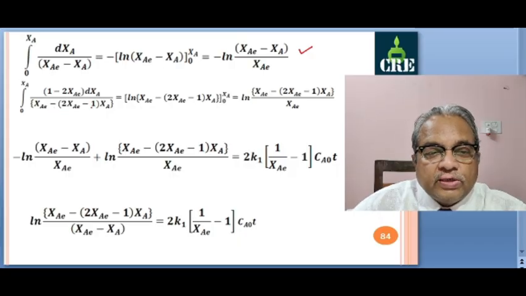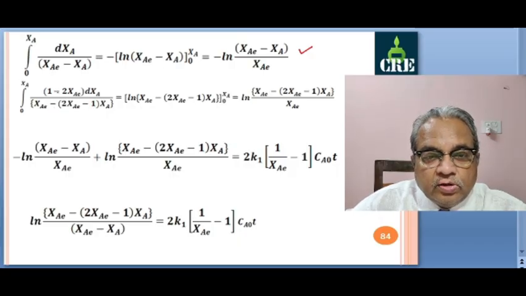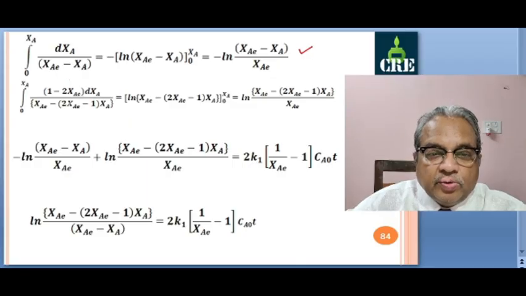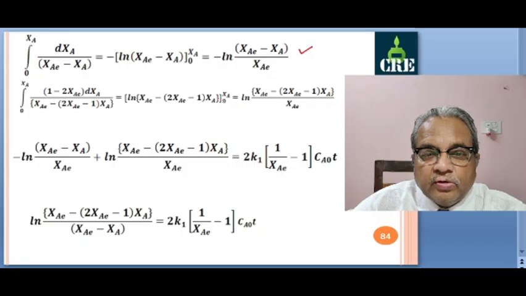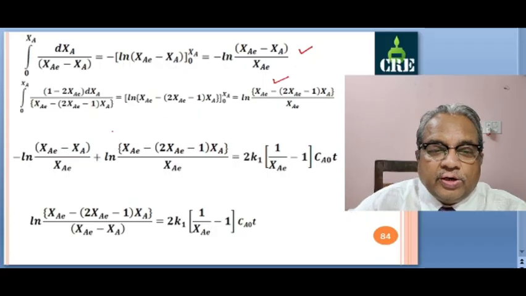So 1 minus 2XAe in the numerator is the derivative of the denominator, so it is log of the denominator. This term minus, if you substitute this 0, this whole term becomes 0 and you get minus ln of XAe. So the minus ln of XAe term you can write in the denominator. So you get ln of (XAe minus (2XAe minus 1) into XA), same term, divided by XAe after you substitute the lower limit.